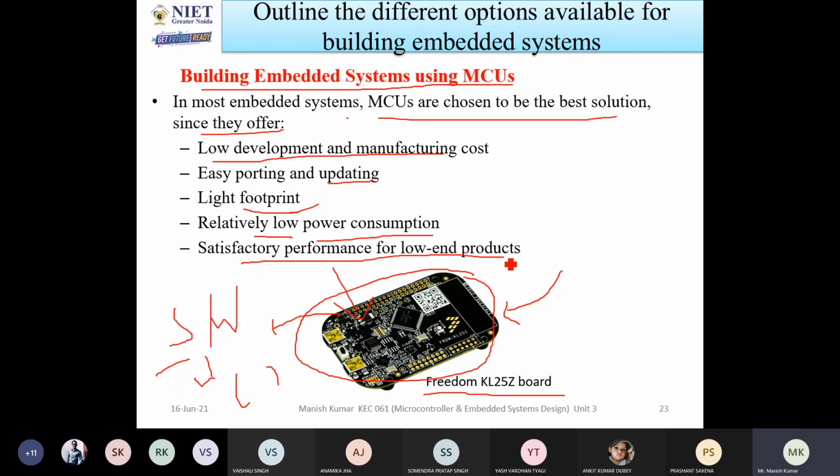जो भी हम डिजाइन कर रहे हैं प्रोडक्ट्स का, ठीक है, उसका प्रोडक्ट परफॉर्मेंस जो हो ना सेटिस्फैक्टरी होना चाहिए, नॉट बैड. तो लो एंड प्रोडक्ट्स का मतलब क्या होता है?